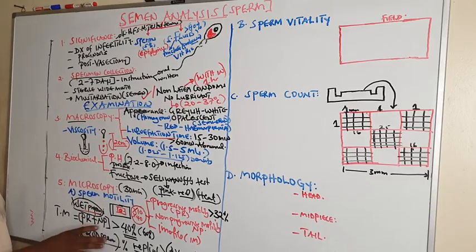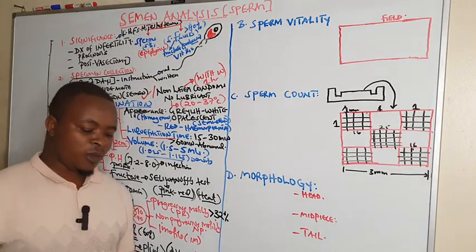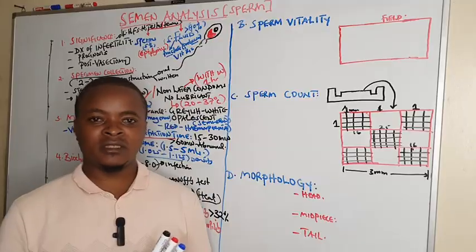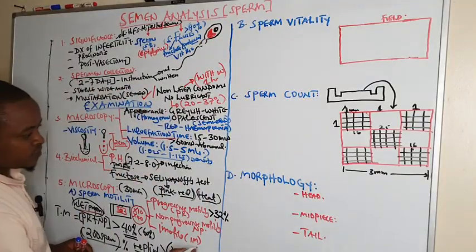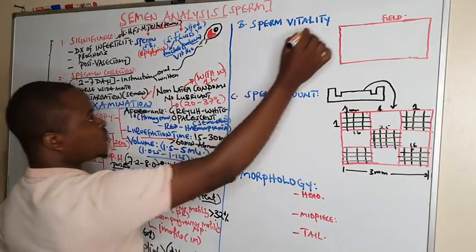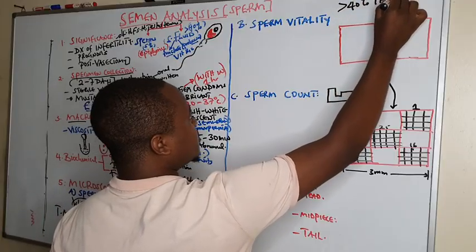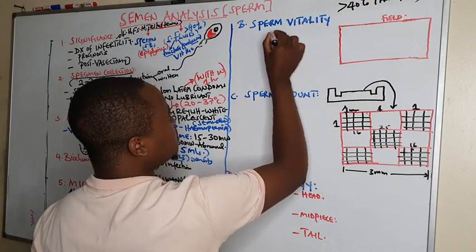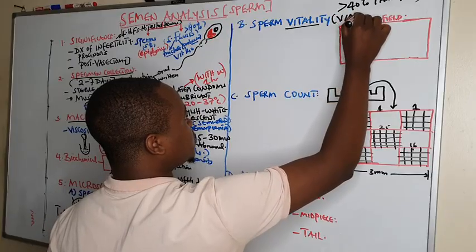We are saying greater than 40% should be motile. But when we do motility testing, if we find that greater than 40% of sperms are immotile, then we continue to what we call the sperm vitality, or viability test.